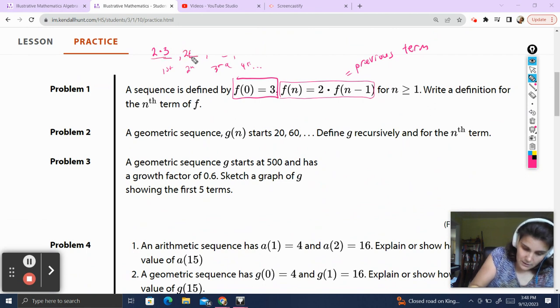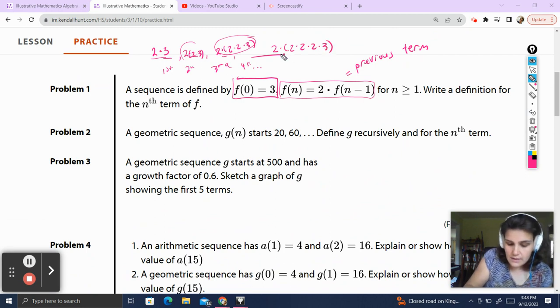So 2 times 3. My third term is going to be 2 times the previous term. So 2 times this whole dude. 2 times 2 times 3. My fourth term is going to be 2 times this whole dude, which is 2 times 2 times 2 times 2 times 3. And if you notice, each time we're just multiplying the previous term by 2.